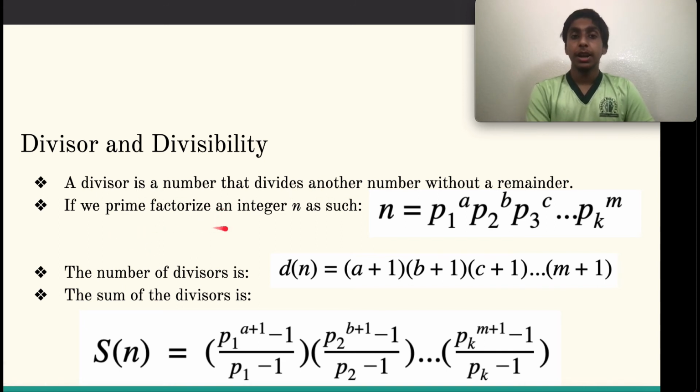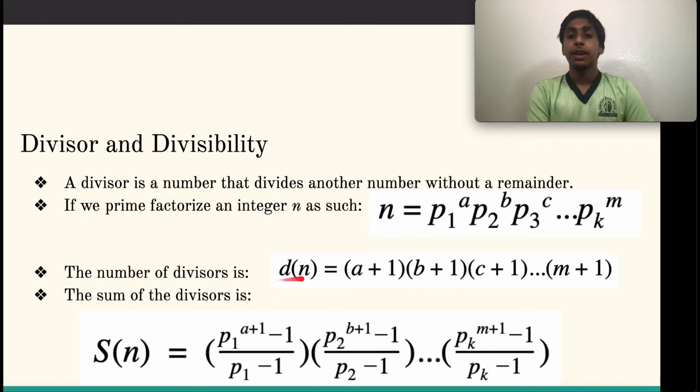Now, if we prime factorize an integer n as such, here's my first prime factor to the power a, so like 2 to the power 3, and 3 to the power 4, I guess 7 to the power 3, and so on. This is my prime factorization of this, right? My first prime factor to a certain power, my second to a certain power, my third to a certain power, and so on.